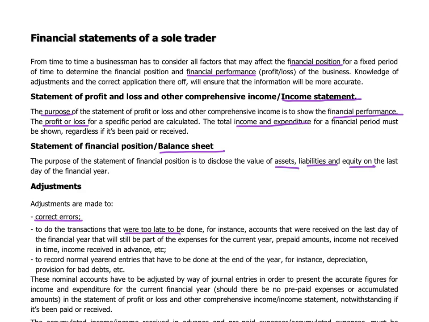because you still have to pay it. You have to record normal year-end transactions that you don't record normally during the year. That is, for instance, depreciation on our fixed assets is determined at the end of the financial year, and you will provide for bad debts for the future, money that is possible to be lost.